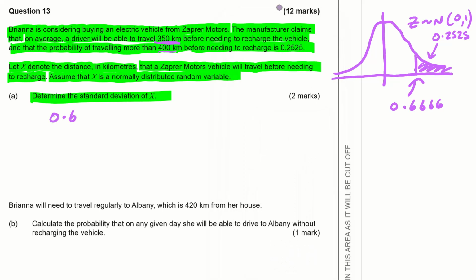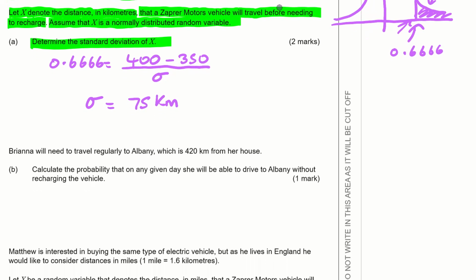So 0.6666 is equal to 400, which remember was the value on our distribution, take away 350, which is the mean, divided by the standard deviation, and solving that gives you that sigma is 75 kilometers.